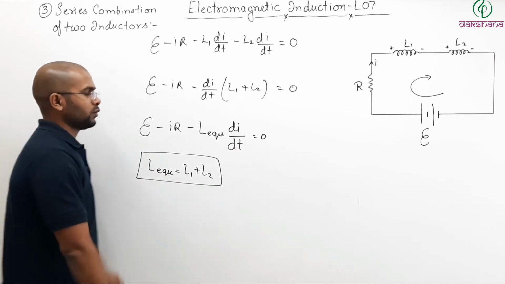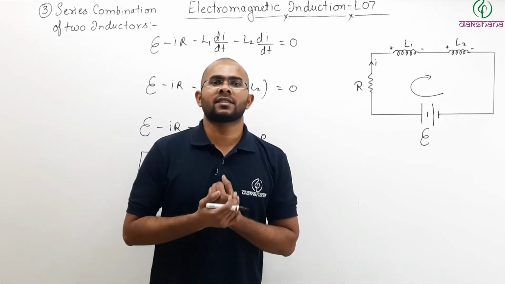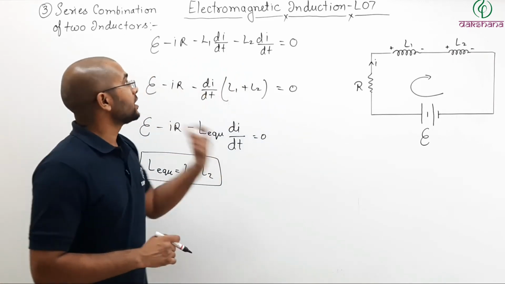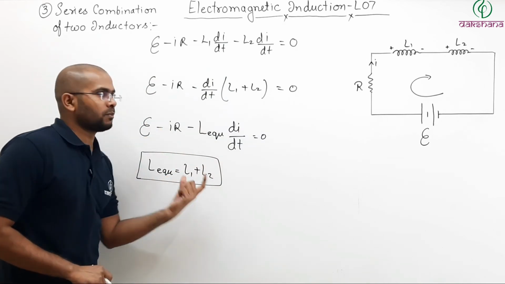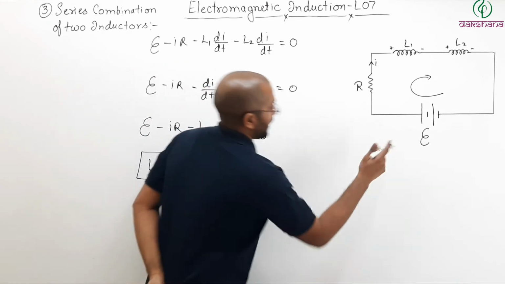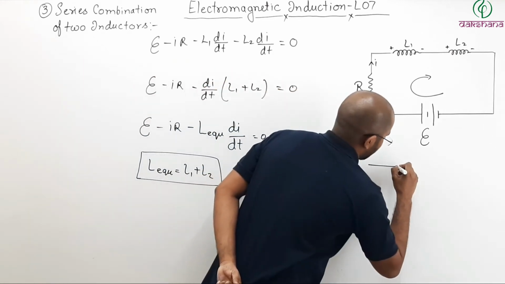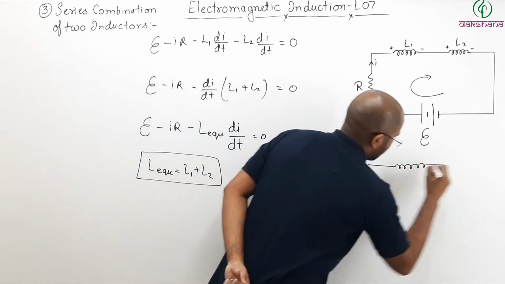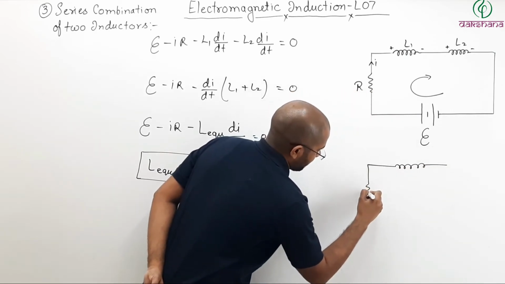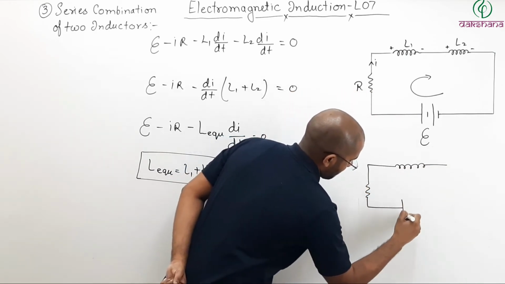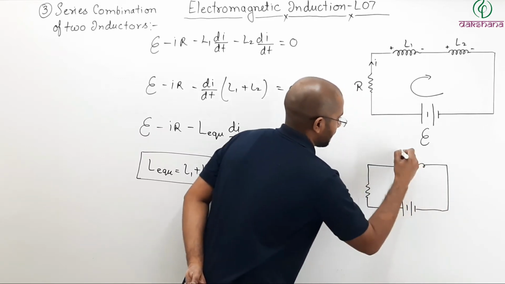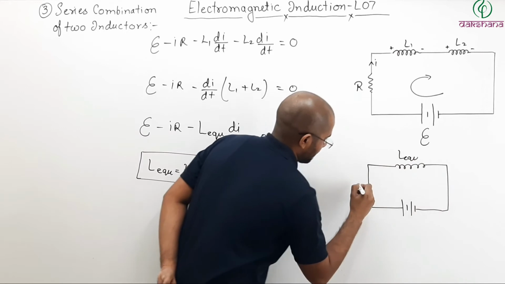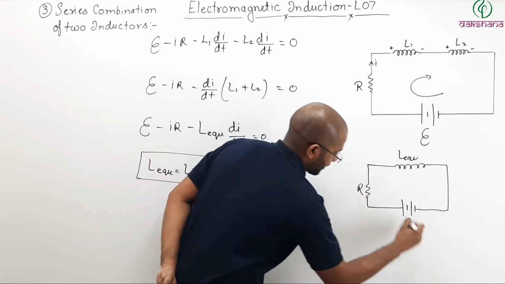So in case two inductors are connected in series, their equivalent inductance can be written as L1 plus L2, meaning I can redraw this circuit like this. There, this is L equivalent, this is R, this is battery.